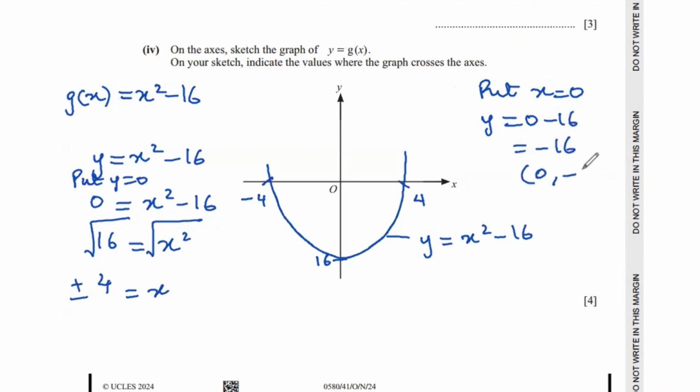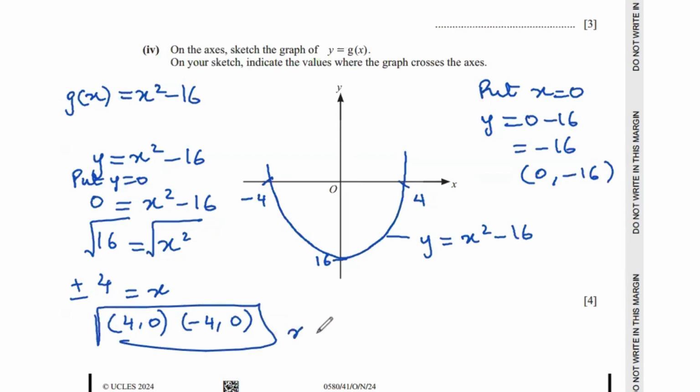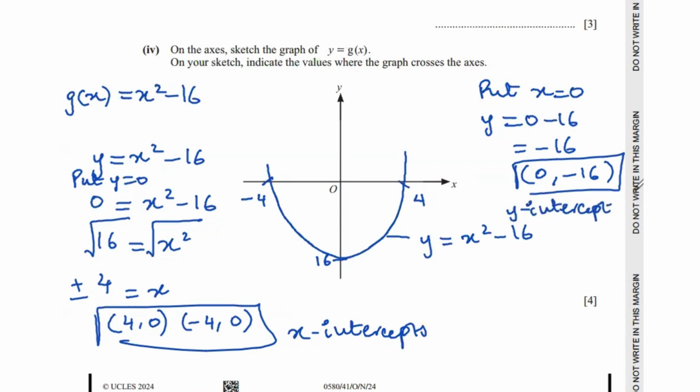So we have (0, -16) as our coordinates, and then we have (4, 0), and we have (-4, 0). These are the x-intercepts. And this is our y-intercept. That's your curve.